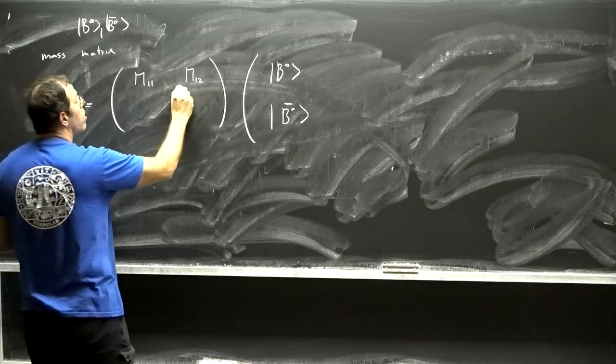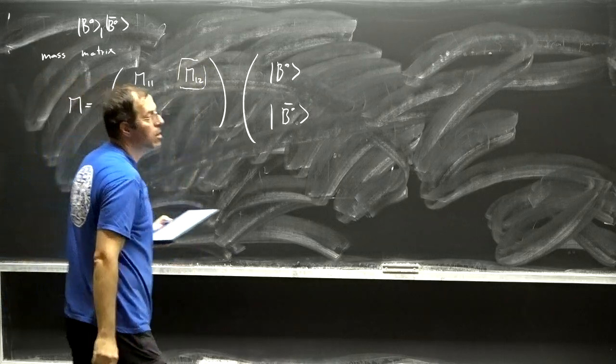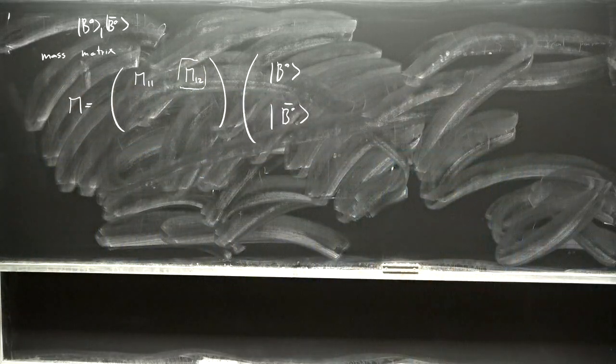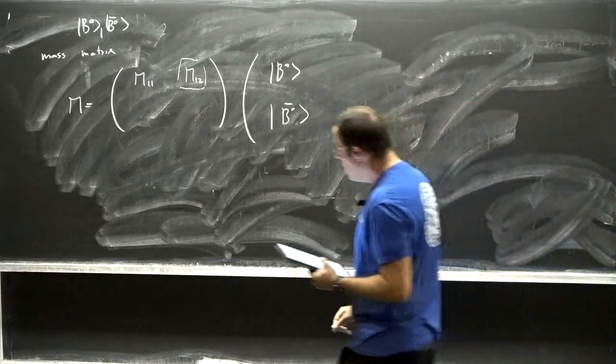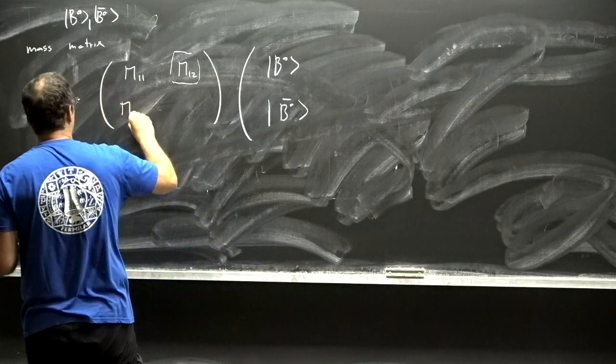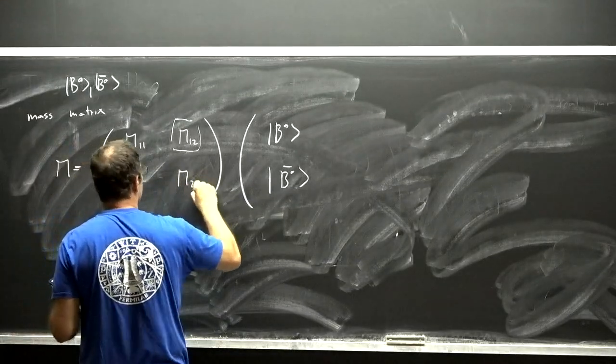So this M12 matrix element will be the hadronic matrix element of this one loop correction, or rather of this dimension 6 operator. And similarly for M21, M22.